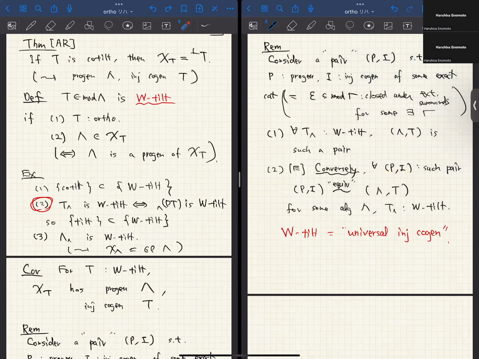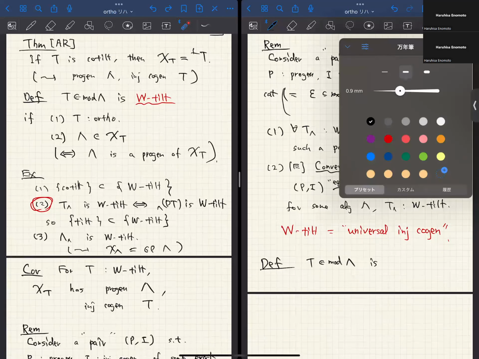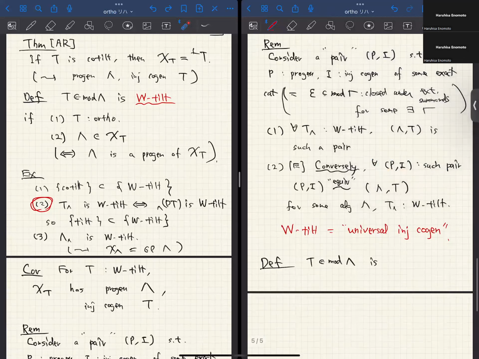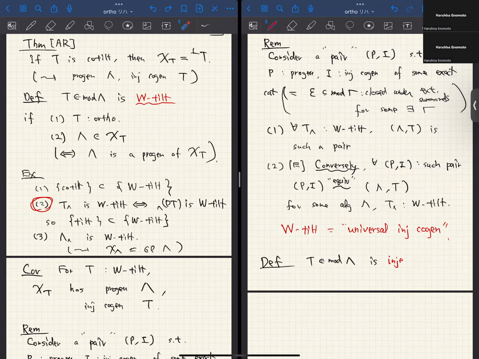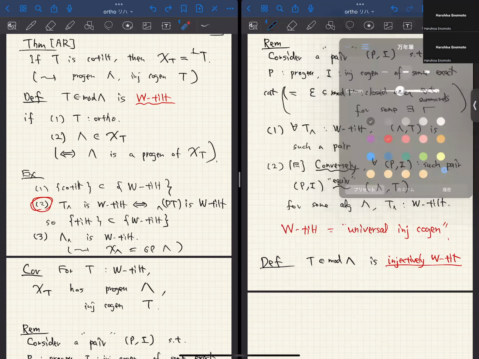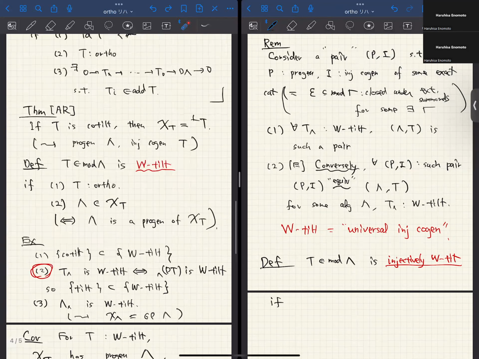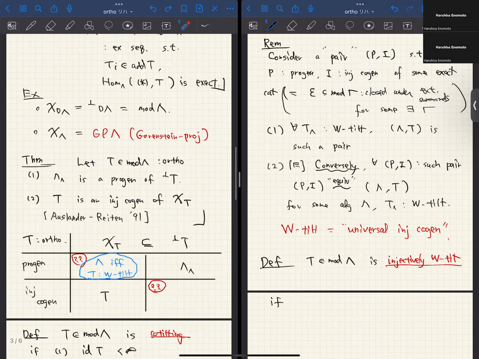Maybe I should write right here. Let T be a lambda module, and I call T injectively Wakamatsu if... maybe it's better to look back to this table again.